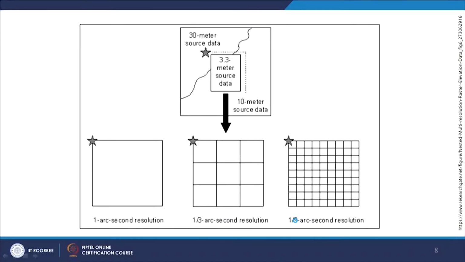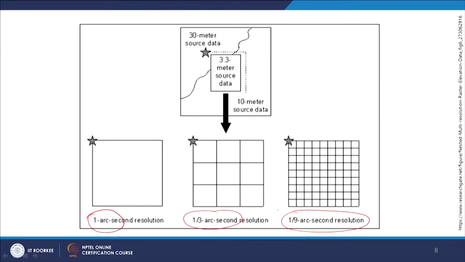Now, for further discussion on this, sometimes you get the data in this kind of wording: 1 arc second, or one third arc second, 1/9 arc second, 3 arc second, and what does it mean in terms of meters and other things.